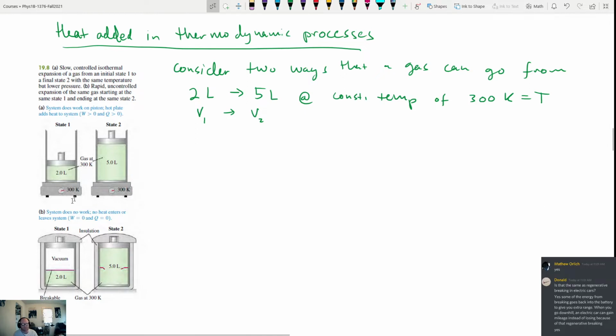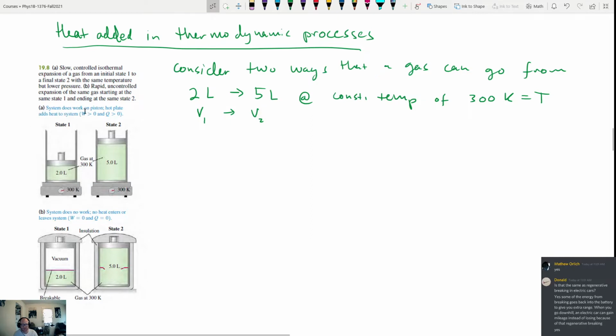This could be something as simple as like a hot plate. It keeps the gas right at 300 Kelvin, right? But it could also just be the air around the gas.